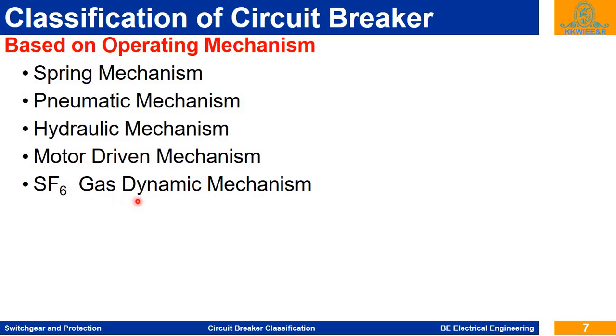Then SF6 gas with the control valves and the cylinders, this SF6 gas, it is used to close and open the circuit breaker. So based on this operating mechanism, they are used to open or close the circuit breaker.